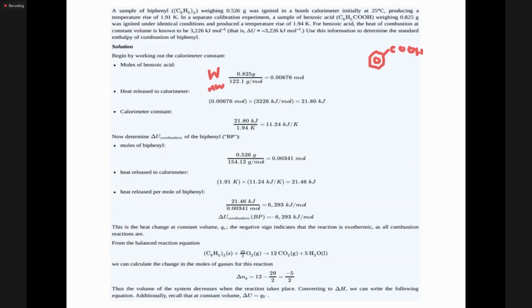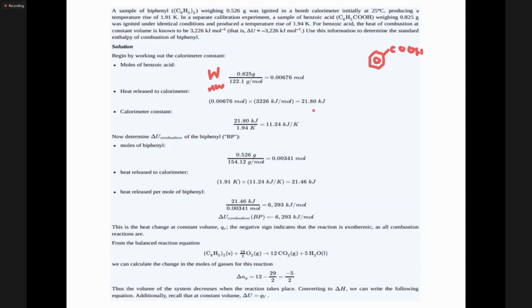For 0.00676 mole, the heat released to the calorimeter is the multiplication of these two: 0.00676 multiplied by 3226 kilojoule per mole. That is the heat of combustion of benzoic acid, which is 21.80 kilojoule.